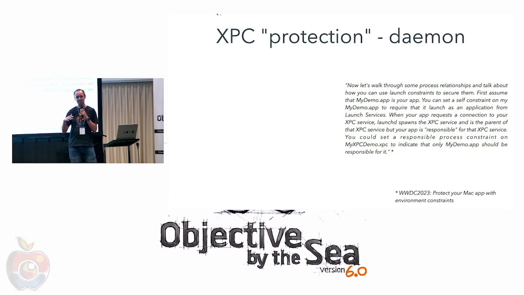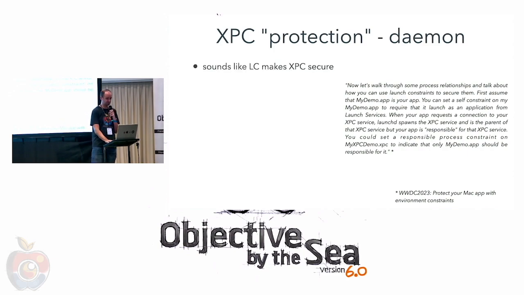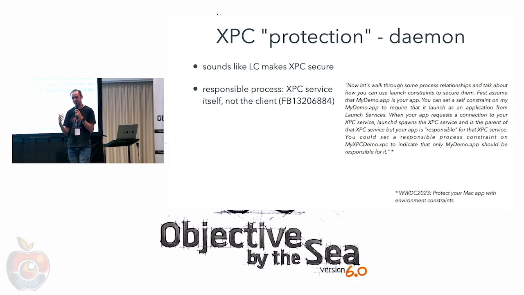Now, XPC protection for global daemons. I actually tried to play with this because this was my first understanding: can I protect my XPC daemon from being launched by a random exploit? No. It turns out that for global XPC daemons, the responsible process is the XPC service itself, not launchd, not my process.